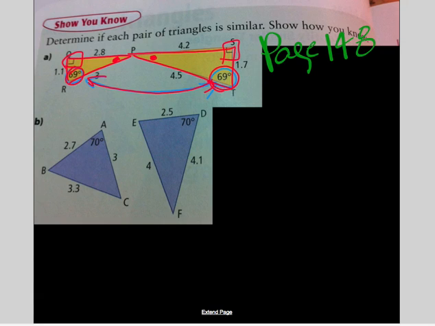Now, this one, how do I know that these two are similar? So that one is. What about this one? Well, I know that this angle is similar to that angle, and that's cool. But I don't know if that angle is similar to any of these. It doesn't look like it is. And I don't know if that angle is similar to any of these.